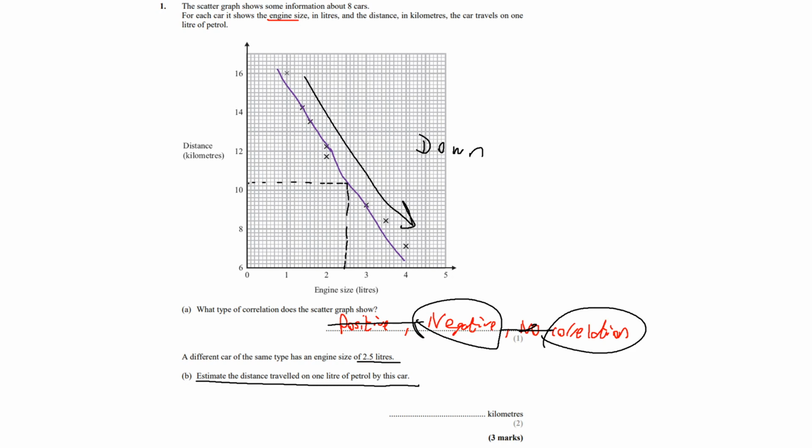As you can see, it travels, I want to say, 10.4 litres, okay? But the question is asking us for 1 litre, okay? So what we'll do is take 10.4 and divide that by 2.5. And if we plug that into our calculators, we should get an answer of 4.16 kilometers. And that is our final answer.